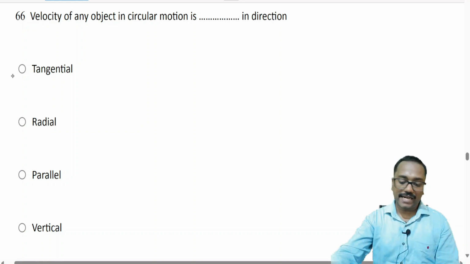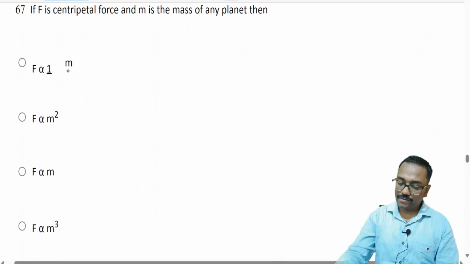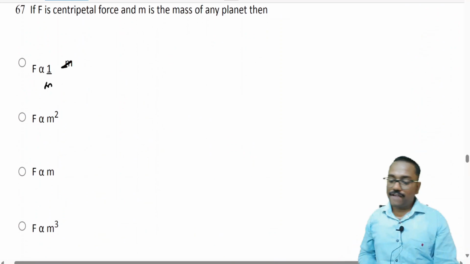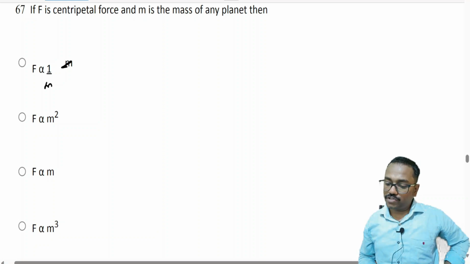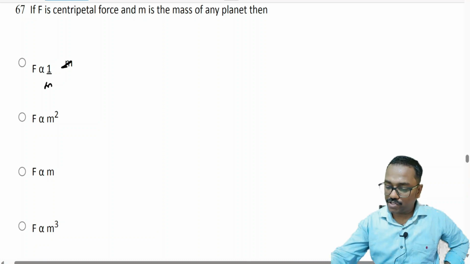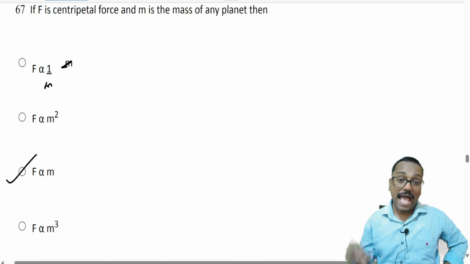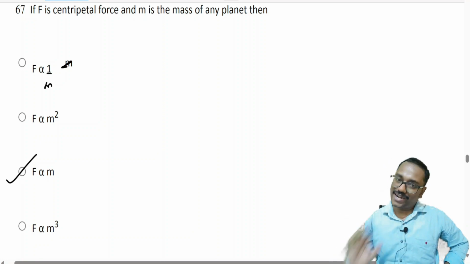We already know that it is tangential. 67th question, F is centripetal force and m is the mass of any planet, right? So F is directly proportional to 1 upon m, F is directly proportional to m square, F is directly proportional to m. Yes, this is the right answer. F is directly proportional to m and inversely proportional to distance.